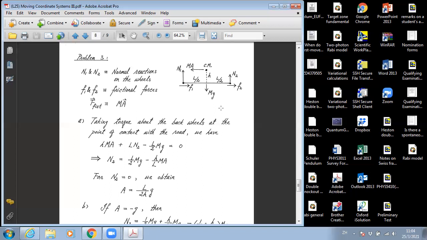It's moving. The point of contact is changing all the time. So it's hard to imagine that you can do that. Am I right? When you are using the non-inertial frame, then you have a point of contact, and you can take moment about it.